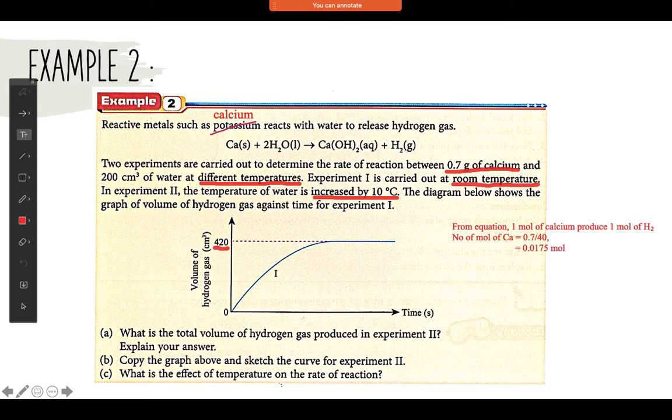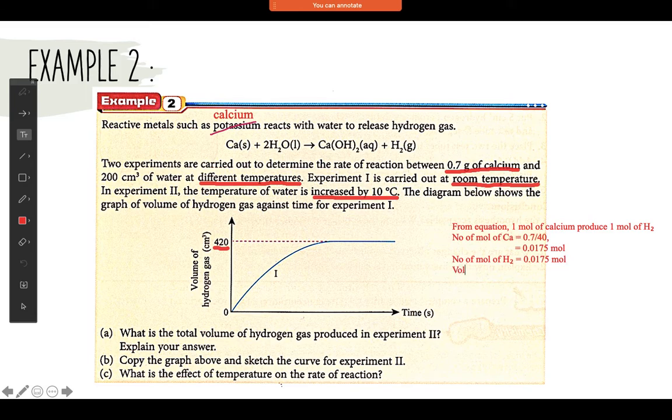That is the number of moles. So the number of moles for hydrogen gas is also 0.0175, right? Because it is the same ratio.